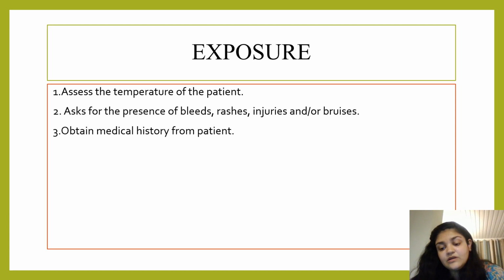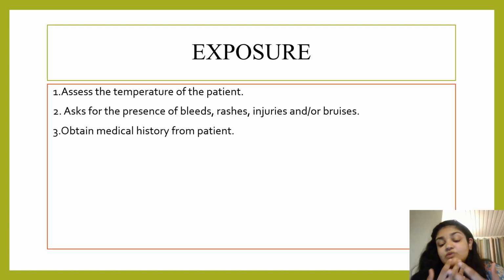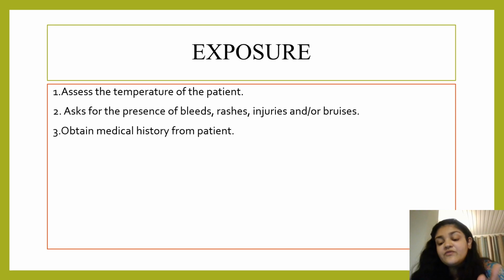Also in circulation, pulse rate and rhythm, abnormal breath sounds, and visual obstruction signs, we can write as hints. In exposure we write: assess the temperature, injuries, bruises, and medical history. And in disability, we assess the conscious level, urine output, and glucose level. So we can write the hints on the paper we get.